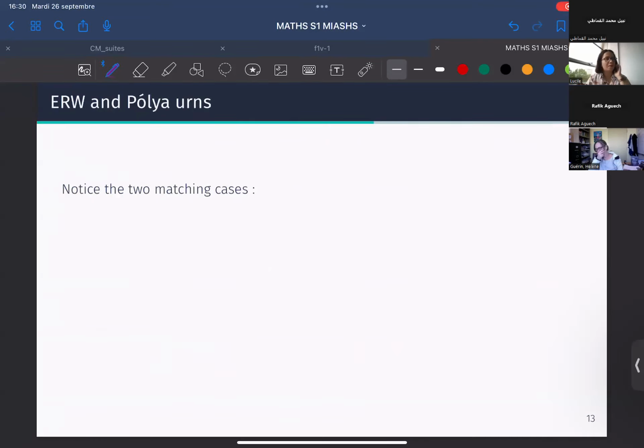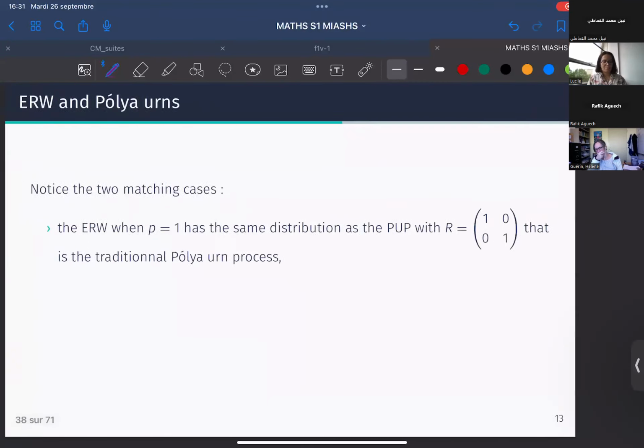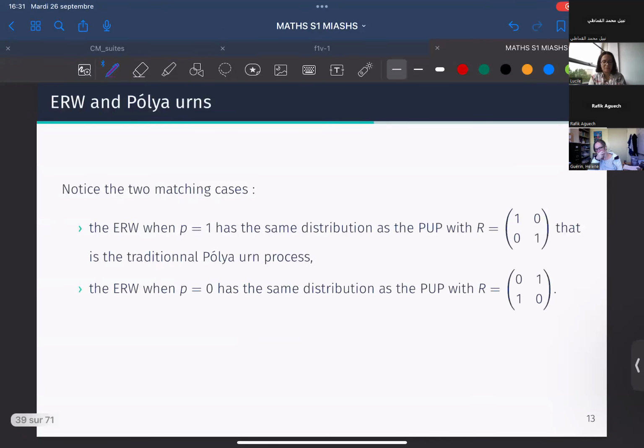For example, for the elephant random walk, when p is equal to 1, that means whenever you remember a step, you do the same thing. Well, the basic Pólya urn model actually models the elephant random walk in that case. And when p equals 0, that is whenever the elephant remembers a step, it does the opposite of what it remembers.